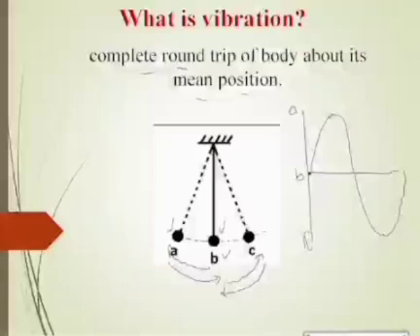Thus, the bob of the pendulum completes one vibration or one complete round trip about its mean position B. This complete round trip of the bob of a pendulum is known as one vibration.